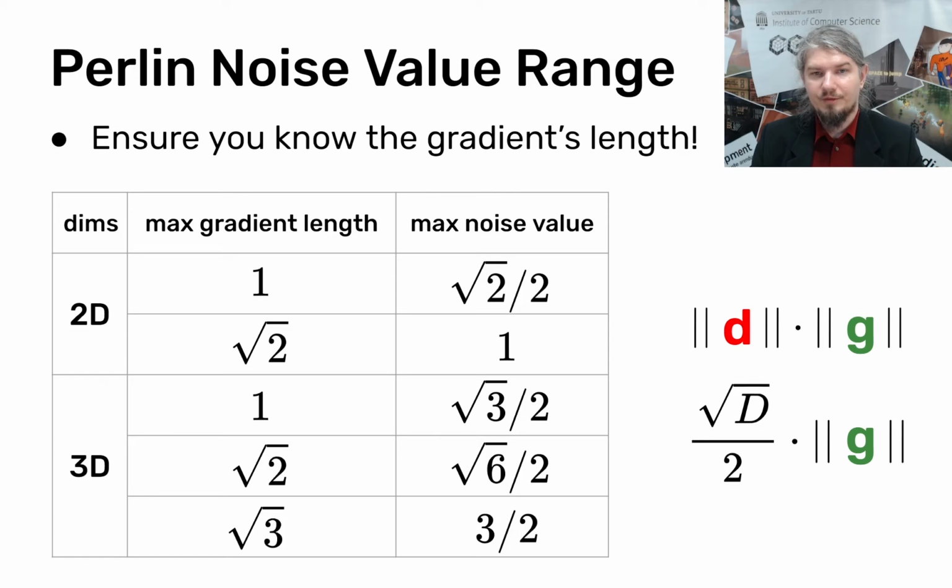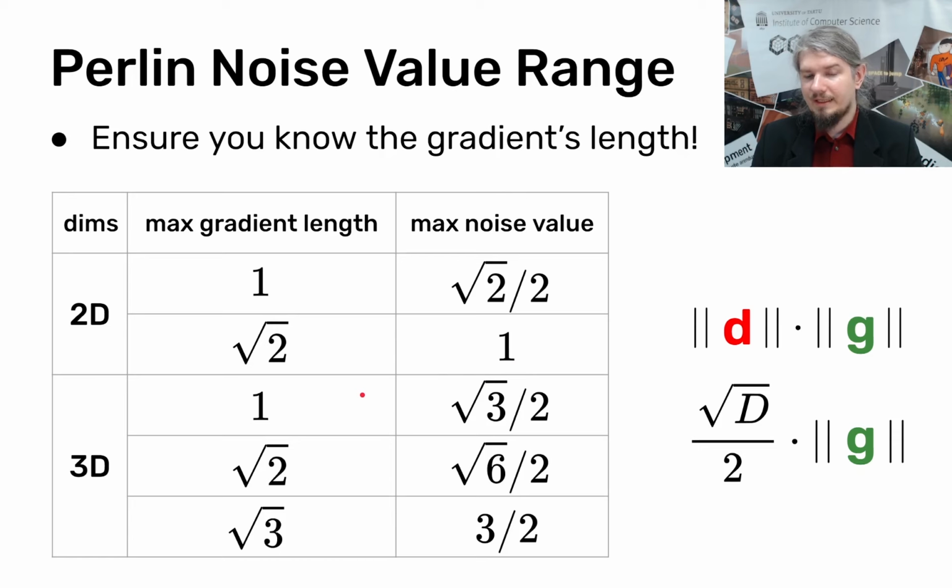But with this knowledge, we can calculate what is our maximum noise value from the maximum gradient length. So if our maximum gradient length is 1, then in 2D, our maximum noise value is just square root of 2 divided by 2, just like we saw before. But if our gradients have the length square root of 2, then the square root of 2's in 2D cancel out, and then the maximum noise value will be 1.